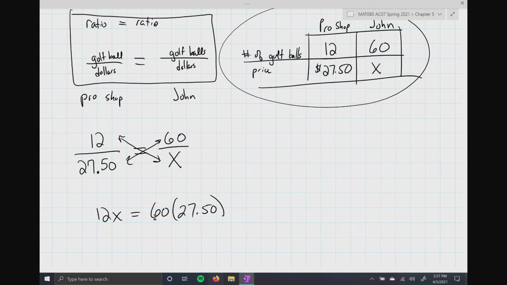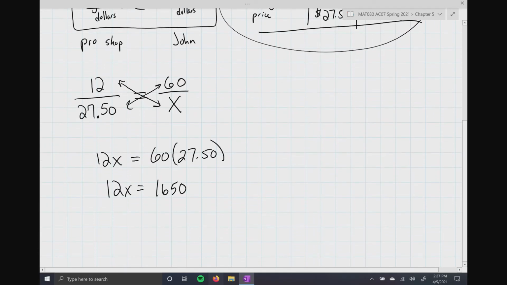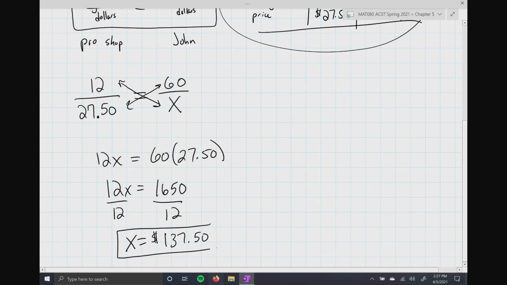So 12x equals 1650. And then I divide both sides by the number in front of the variable, to give me $137.50. So that's how much I'm going to pay.